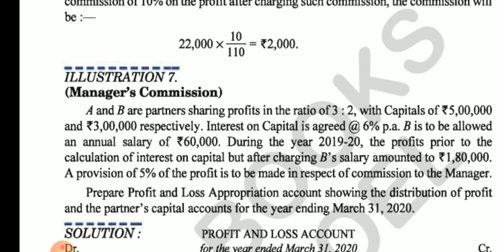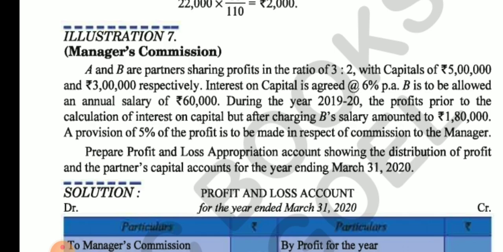Now I am going to take one question. A and B are partners, sharing profit in the ratio of 3:2 with capital of 5 lakh and 3 lakh. Interest on capital is 6%.